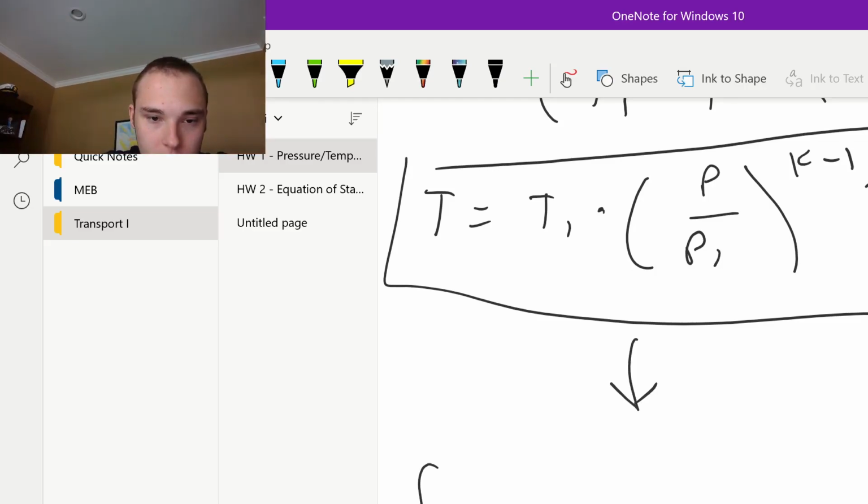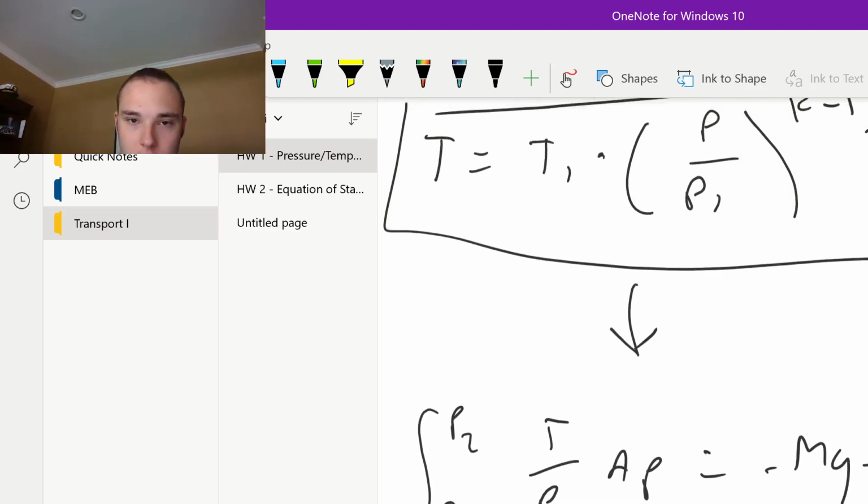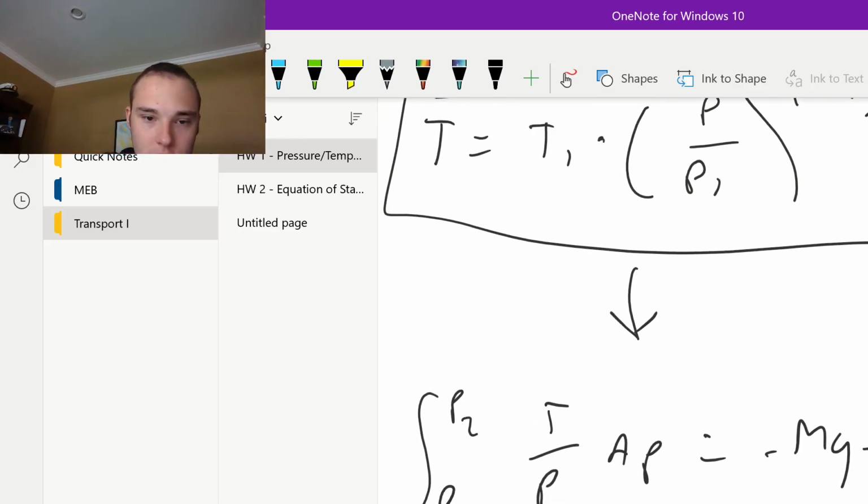We're going to have an integral of P1 to P2, T over P, dP, equals negative mg delta z over R. And then we have delta z because we had the integration from z1 to z2 of dz, and we said earlier that that was equal to delta z. So we're going to plug the T straight into this equation, and it's going to give us integral P1 to P2.